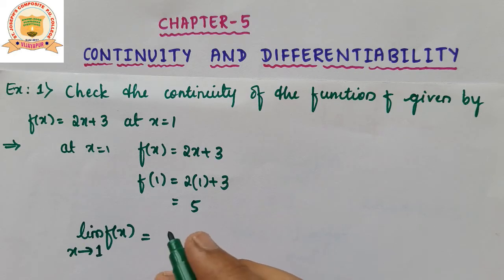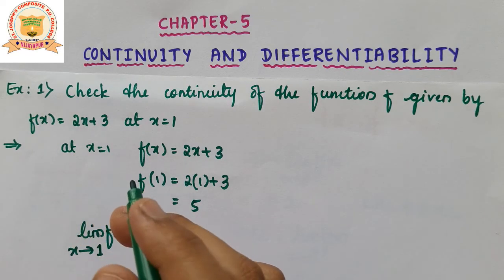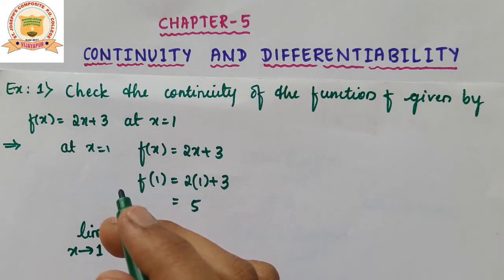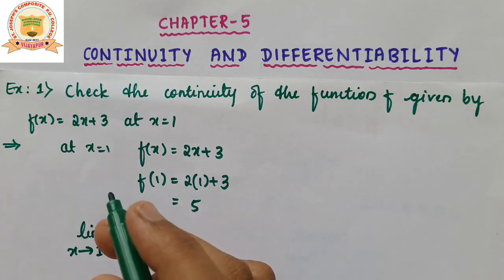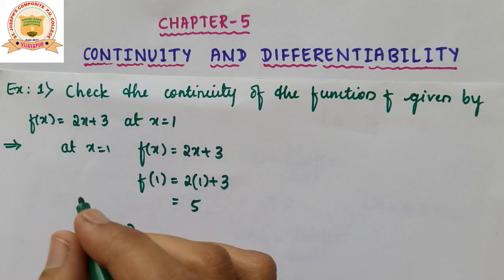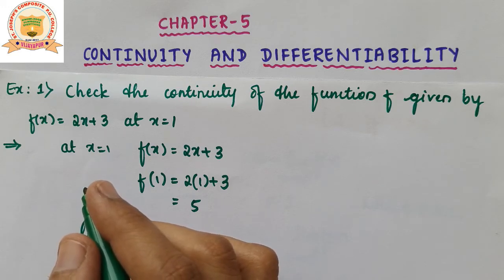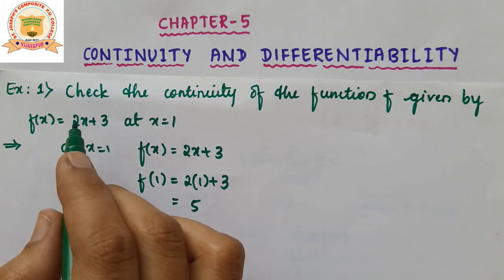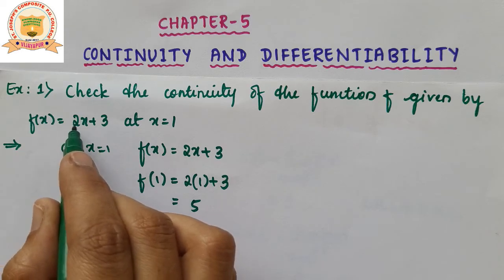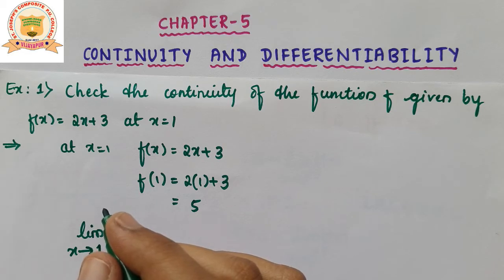Because for negative values and for positive values, the functional value is the same. For values less than 1, like 0, -1, -2, -3, the function value is 2x plus 3, and for the right side of 1, that is 2, 3, 4, 5, the functional value is 2x plus 3 itself. Therefore, no need to find the left hand limit and right hand limit.